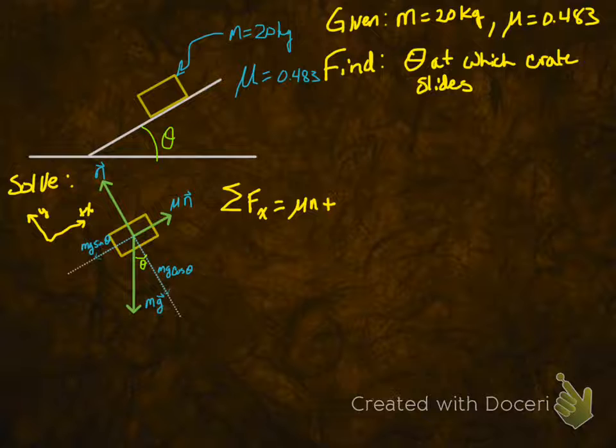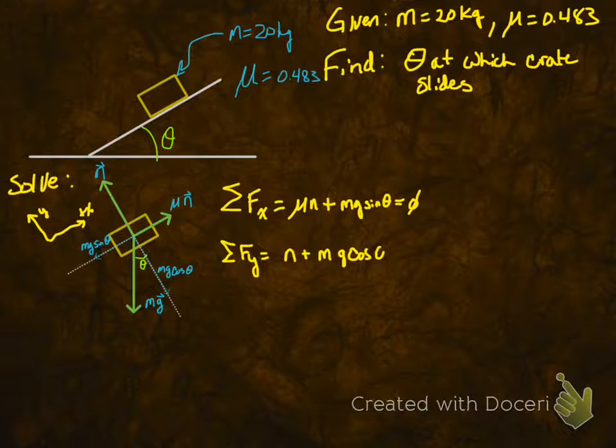So the sum of the forces in the x direction are mu times normal force going up the incline and mg sine theta going down the incline, and that equals 0. Then we have our forces in the y direction, which are a normal force plus mg cosine theta, which also equals 0.